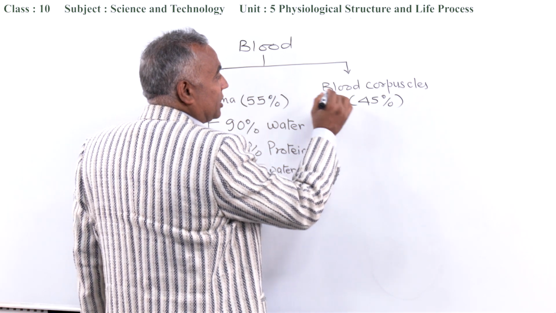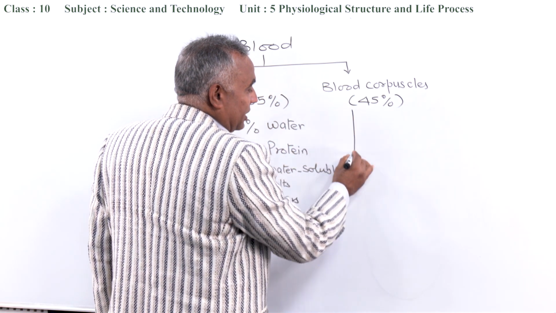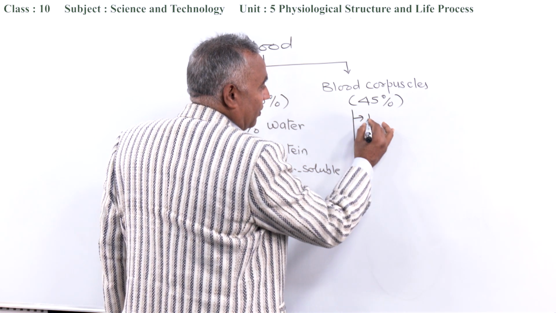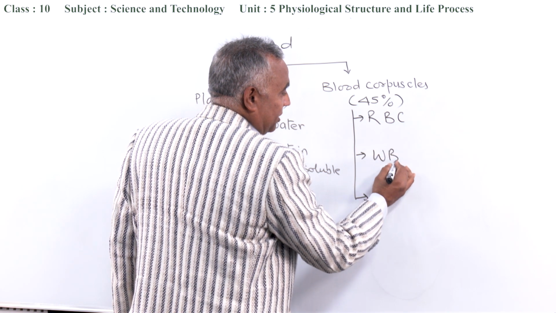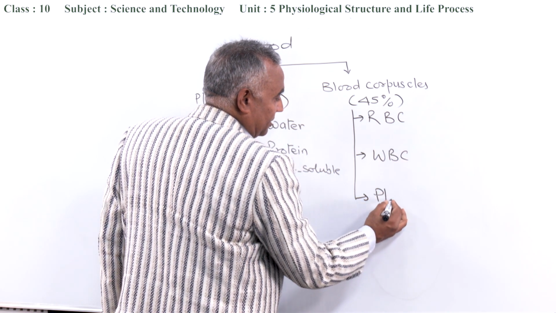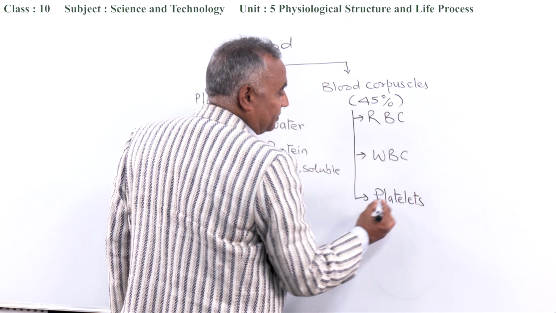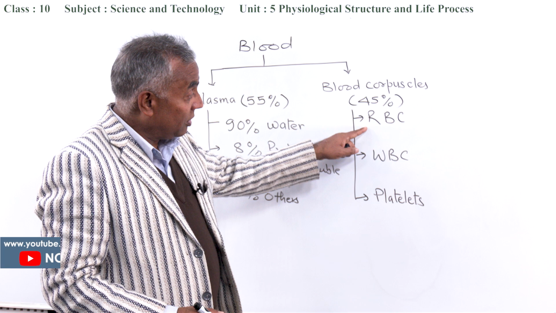Now we have to discuss blood capsules. Blood capsules are of three types, that term was given to you. They are what? RBC, WBC and platelets. There are some other names also.